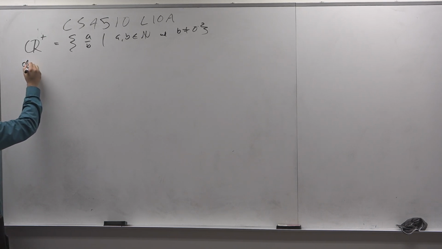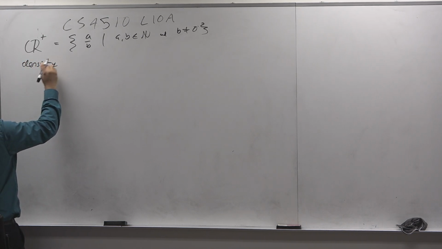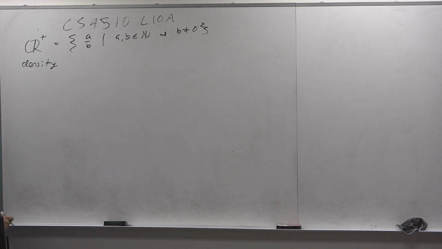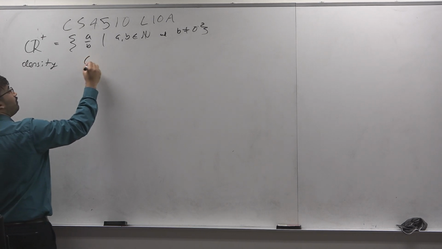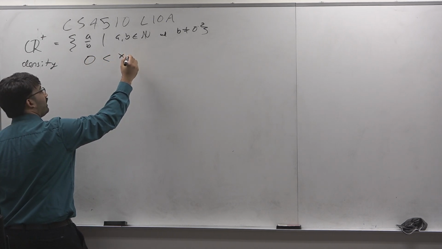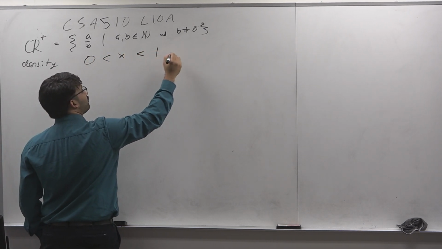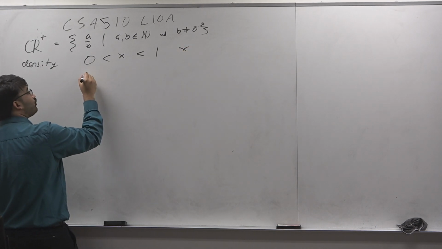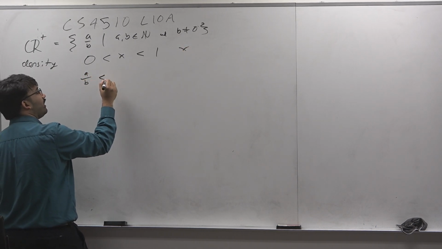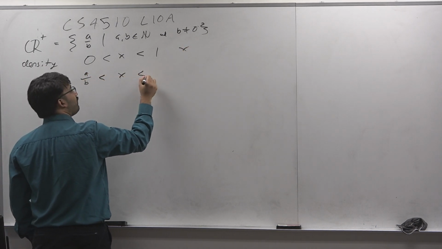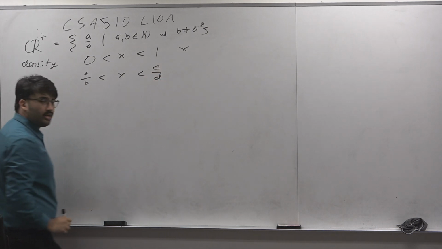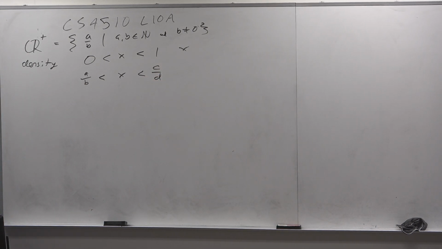Density says that between any two numbers of the set, there exists another number of that set. For example, it is false that there exists a natural between any two naturals, right? But it is true that there exists a rational between every two rationals.